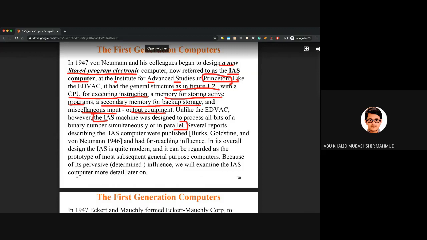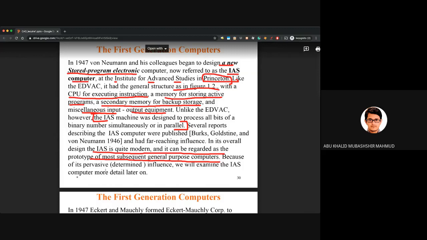In its overall design, the IAS is quite modern and it can be regarded as a prototype of most subsequent general-purpose computers. This is another breakthrough that we still use today, because if we couldn't process all the binary bits in parallel or simultaneously, the calculations or communications that we do today using our computers would never have been possible.